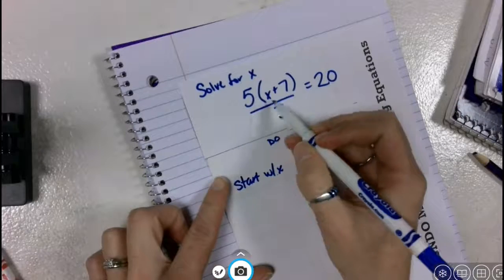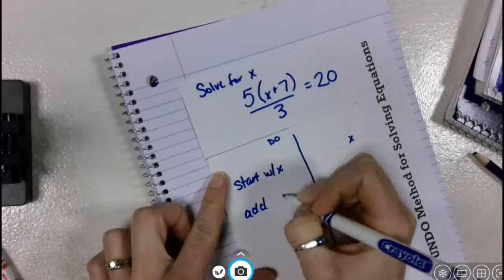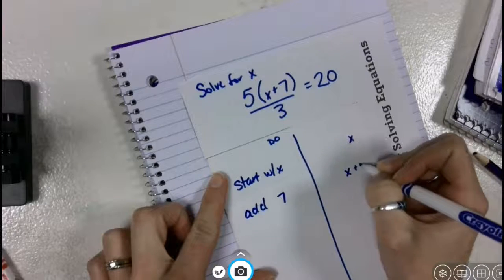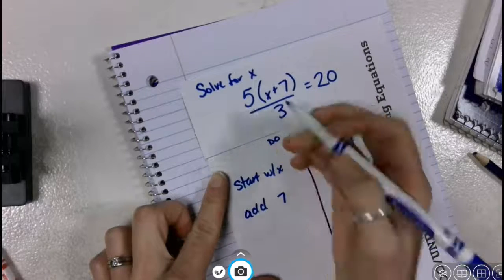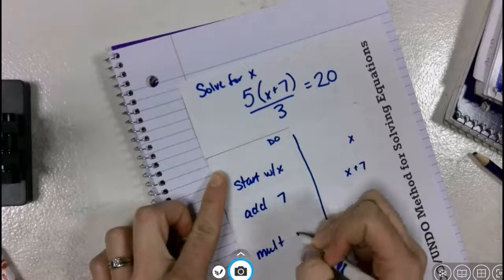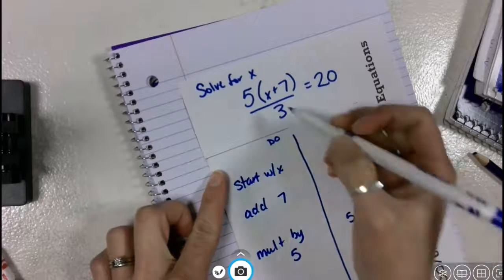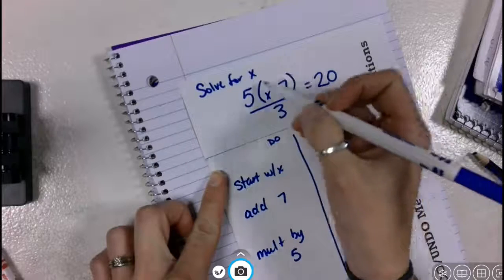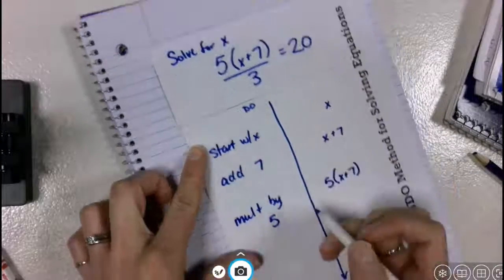Okay, so the second thing I see that I'm doing is I add 7. So I end up with x plus 7. The next thing, according to my order of operations, is I multiply by 5. So I end up with 5 times that x plus 7. The last thing that I see over here is I'm going to divide by 3, and here I'm just following my order of operations.